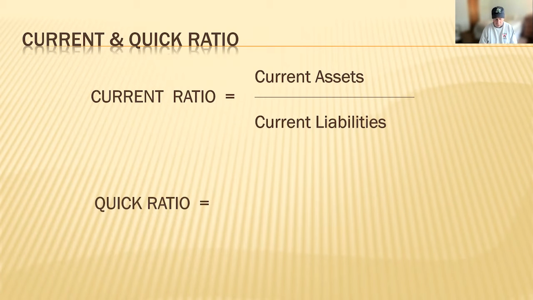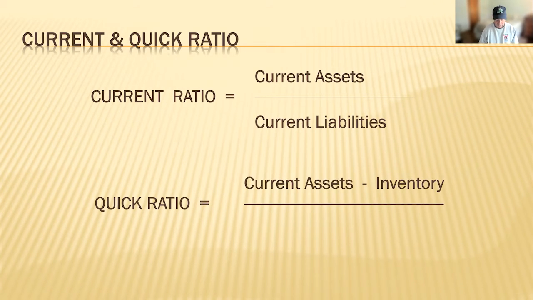So the quick ratio, different than the current, is not terribly different. It just gives you a better ability to look at the firm's ability to pay those current assets. So inventory is considered to be a current asset because it can be sold and then turned into cash, presumably, generally into cash.